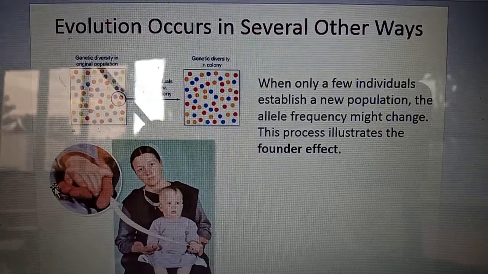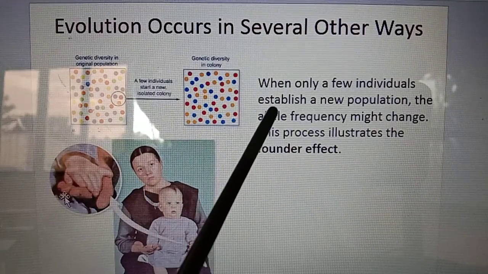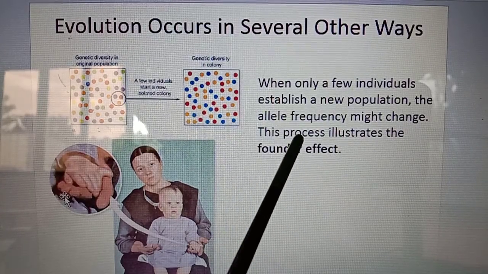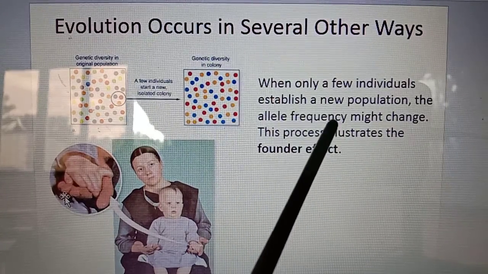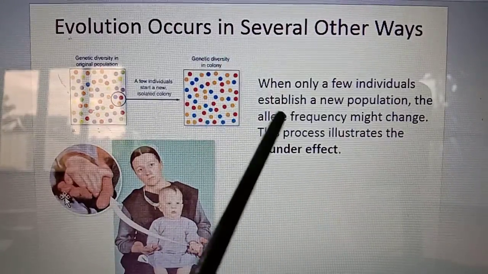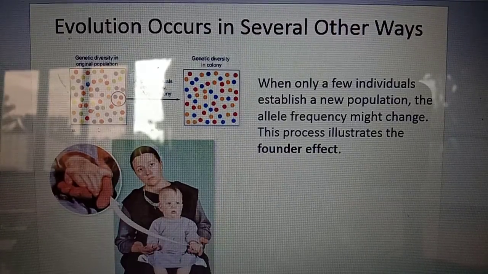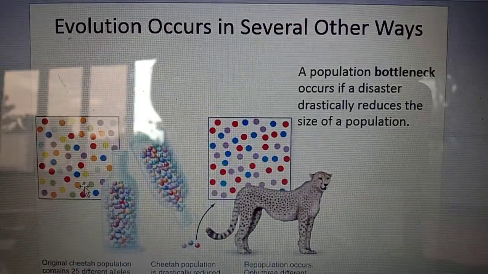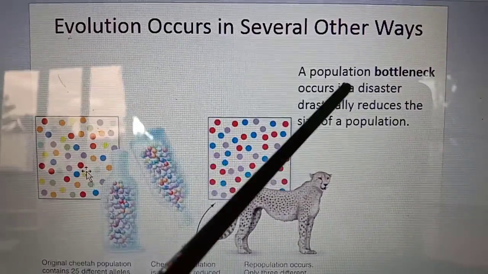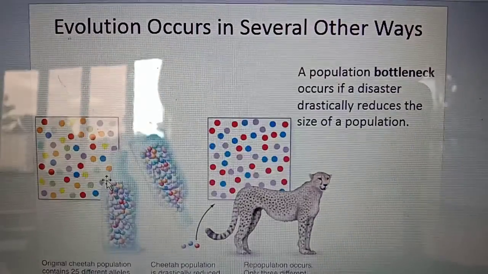When only a few individuals establish a new population, the allele frequency might change. This process illustrates the founder effect. That is another principle. A population bottleneck occurs if a disaster drastically reduces the size of a population.